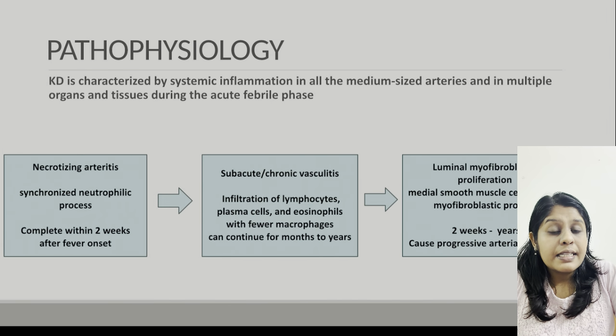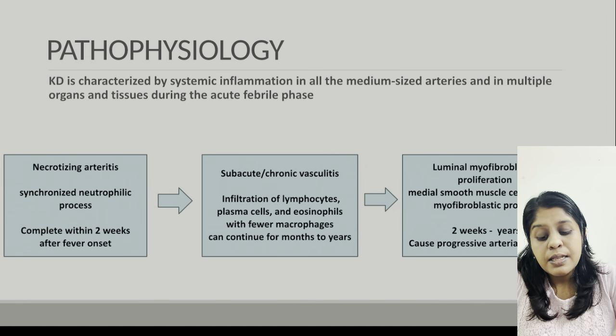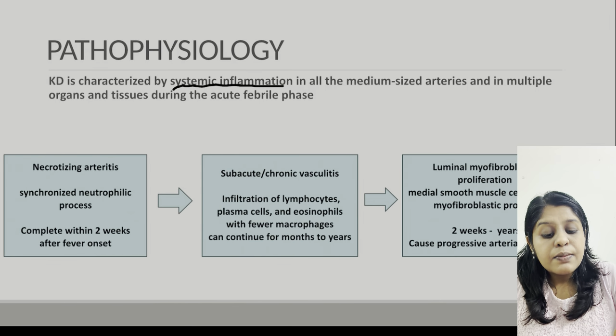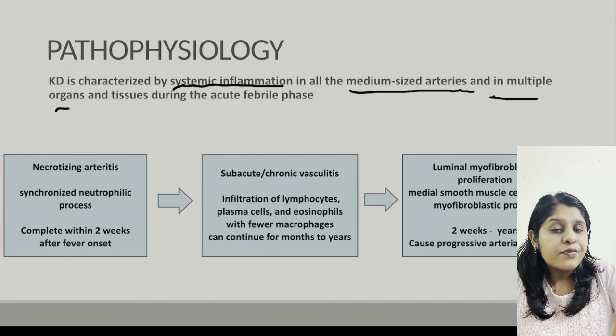So coming to the pathophysiology. We have seen that the predisposing and risk factors for Kawasaki disease are not clearly known, but we know the pathophysiology of this disease. It is a medium vessel vasculitis characterized by systemic inflammation in the medium-sized arteries in multiple organs and tissues during the acute febrile phase.